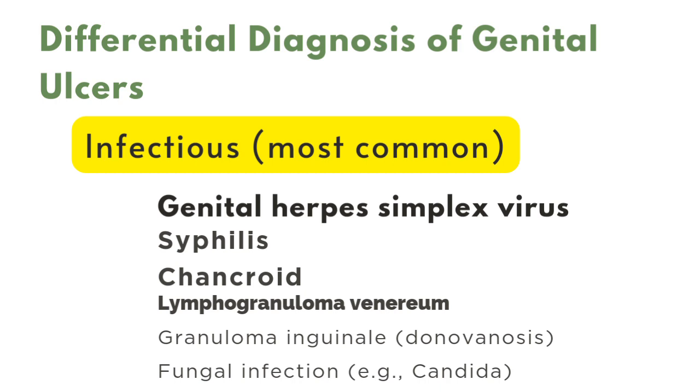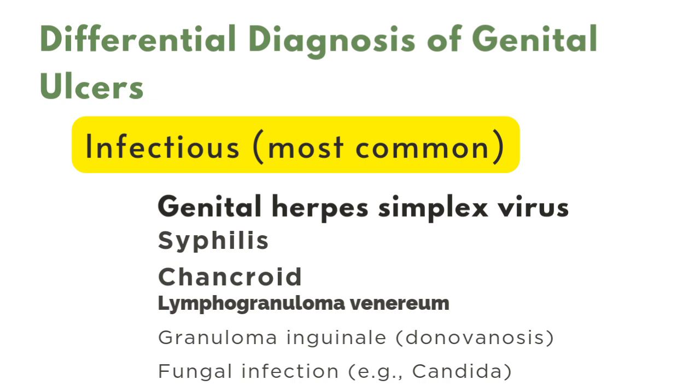So, it is crucial to differentiate between these causes through medical history, physical examination, and diagnostic tests such as serological assays, cultures, and biopsies. But now we will focus on the infectious agents and how we can differentiate between these different infectious agents only through history and physical examination, through clinical features.